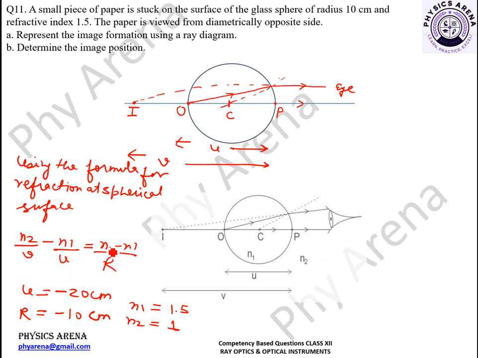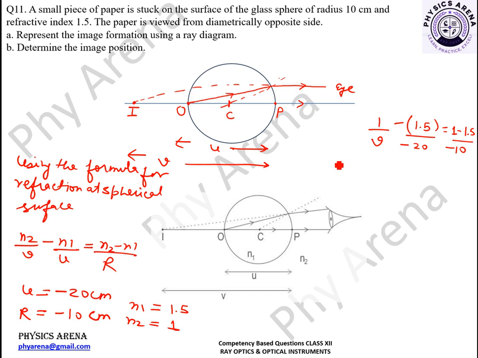So using these values in the formula, I can write 1 upon v minus 1.5 upon minus 20 is equal to 1 minus 1.5 divided by minus 10. So I've replaced n2, n1, R and u by the values that I've just written.